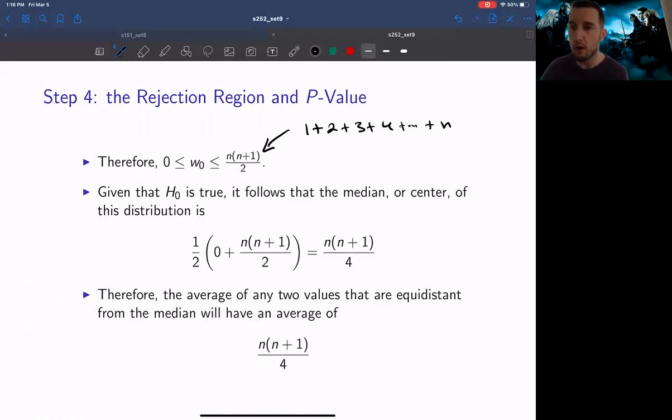If the null hypothesis is true, then the median must be at the middle of this particular distribution. So the median between 0 and n times n plus 1 over 2 is just going to be the average of 0 and n times n plus 1 over 2.